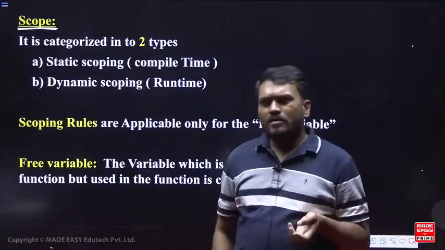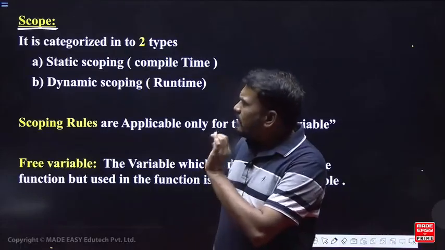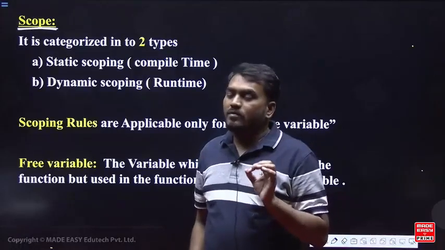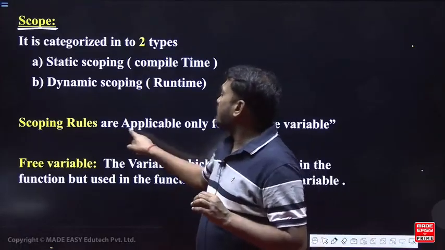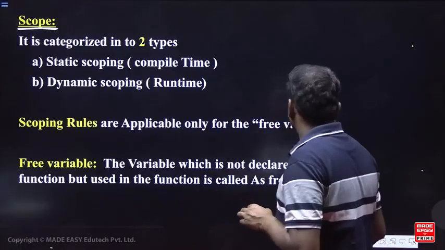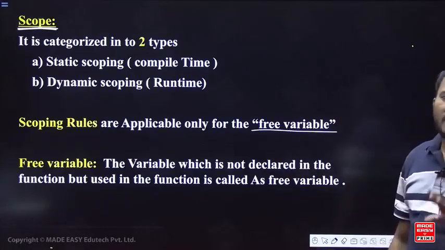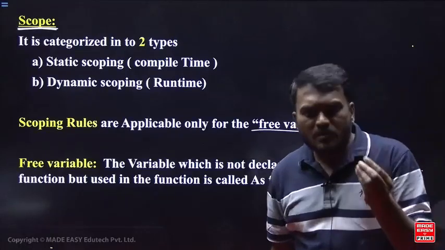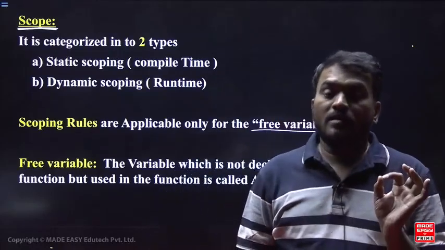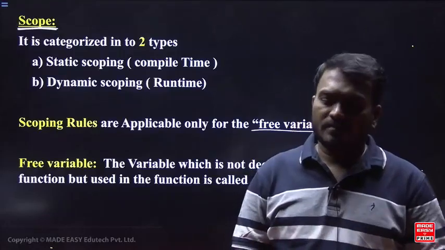When I am talking about scoping, understand this important point. Whatever scoping rules I am talking about, maybe static scoping or dynamic scoping, the scoping rules are applicable only to the free variable.